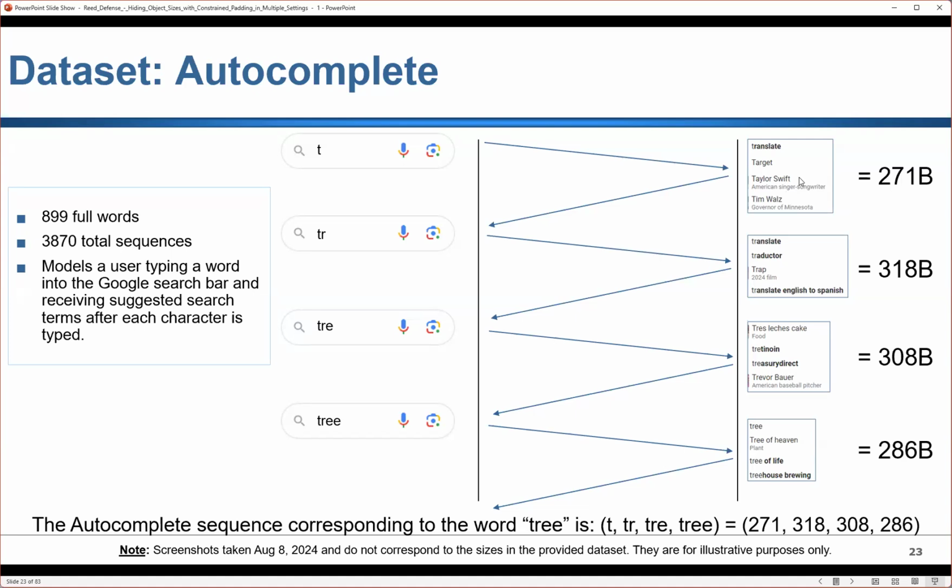Each one of these search suggestions is sent back with a perhaps different size. And so for the word tree, for example, the sequence would be the progressively longer prefixes of the word, and then the responses, the search suggestion updates, so to speak, their sizes, that's what the sequence of sizes is in this data set.